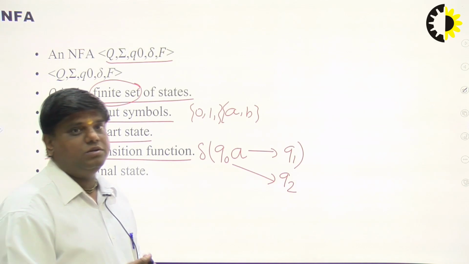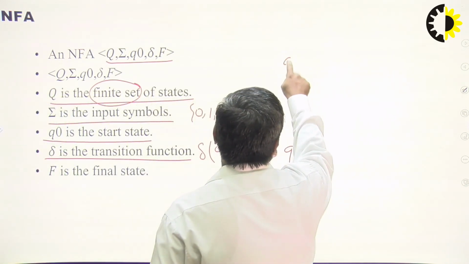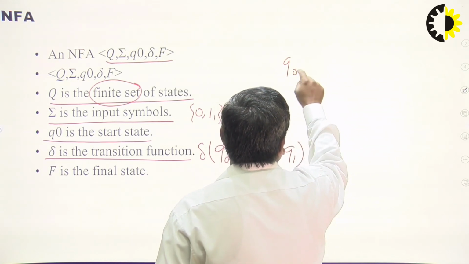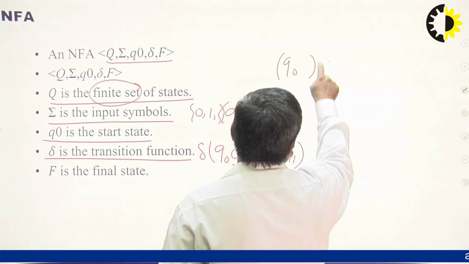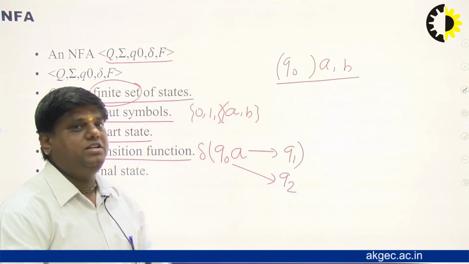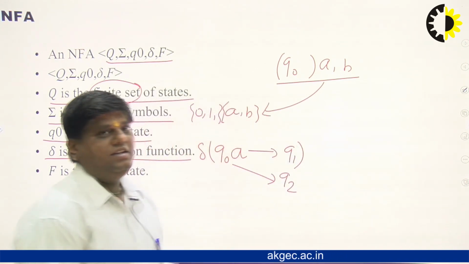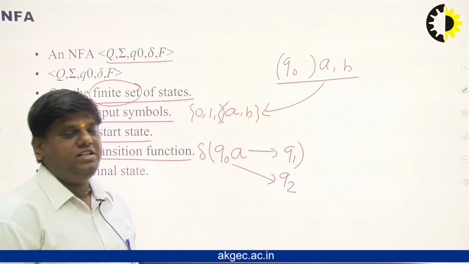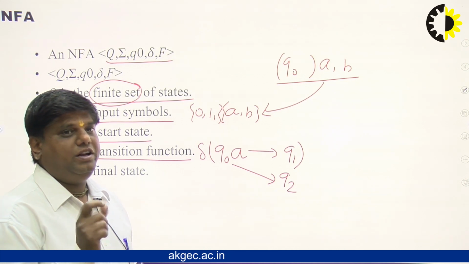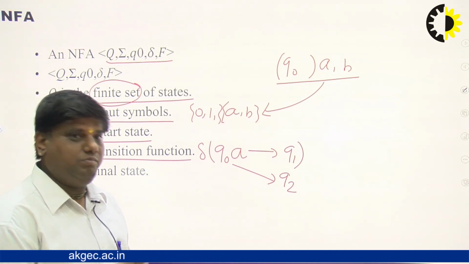What is the meaning of a complete machine? It means that on every state, for every input, a transition is available. If the inputs are A comma B, then on Q0 there must be an A transition and a B transition. That is known as a complete machine.